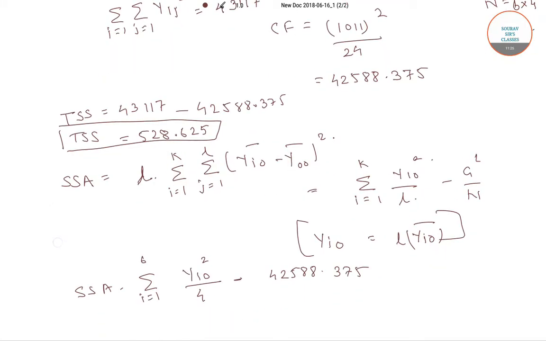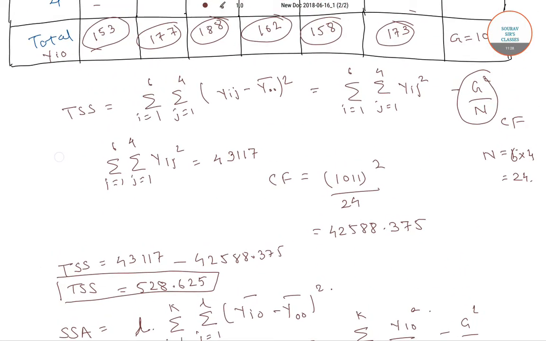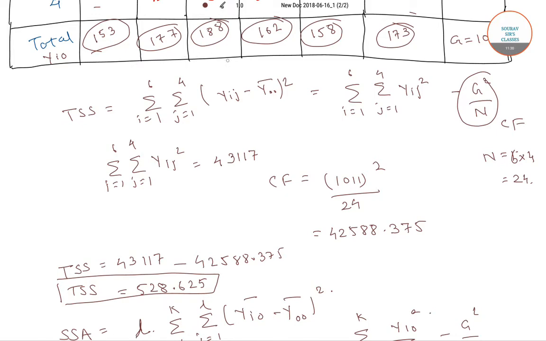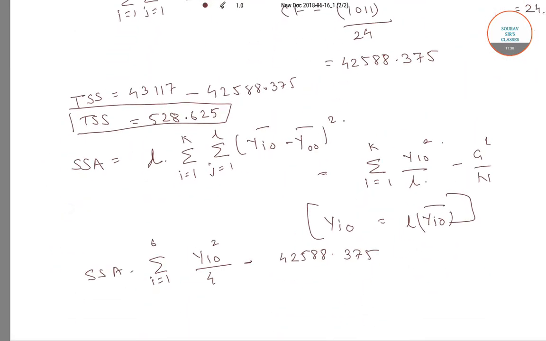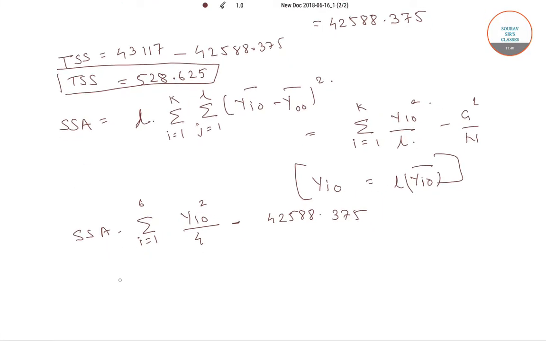compute summation yi naught square. So that means we have 153 square plus 177 square plus 188 square plus 162 square plus 158 square plus 173 square. So our SSA would be equals to summation, and here instead of summation we are using brackets.